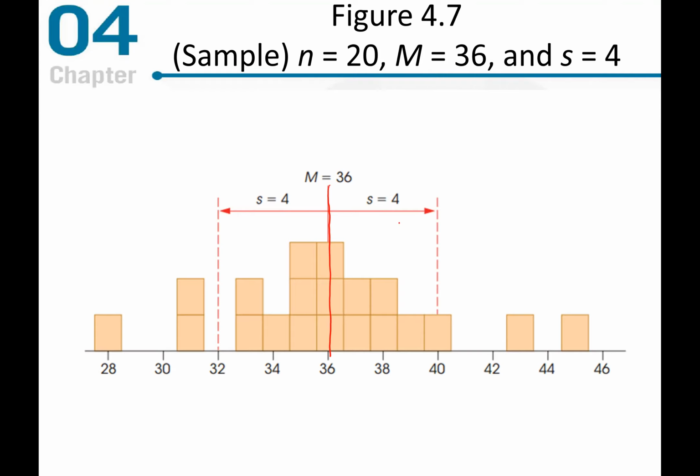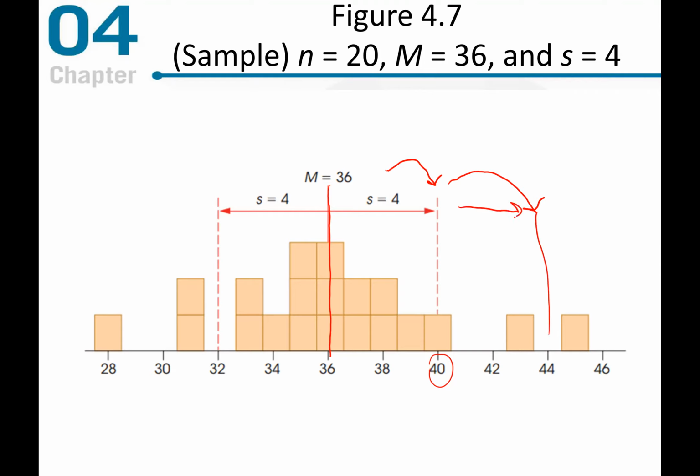So 1 standard deviation above the mean is 40. 36 plus 4 is 40. If it were 2 standard deviations above the mean, well, that's 40 plus another 4, so 44.